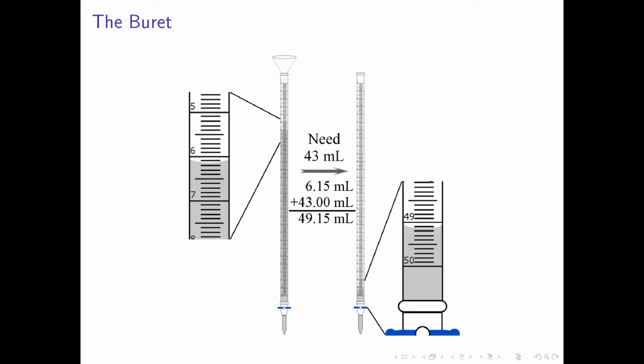In this case, it should be recorded as 49.12 or 49.13 milliliters. To calculate the actual volume delivered, we then subtract the initial volume, 6.15, from our final volume, 49.12, and that gives us the total volume delivered.